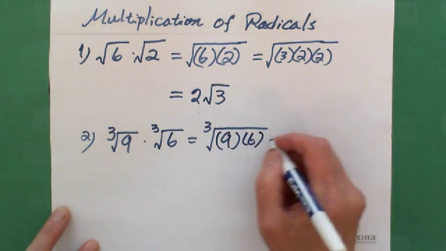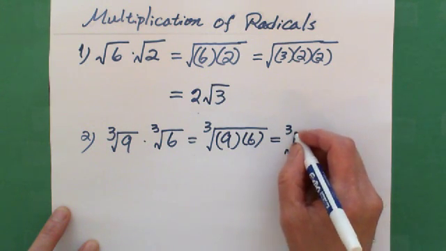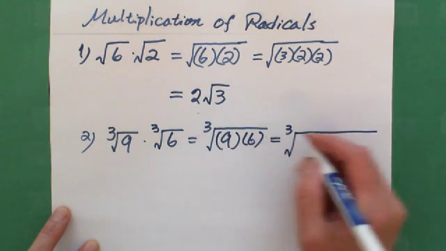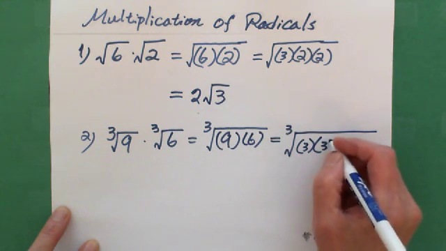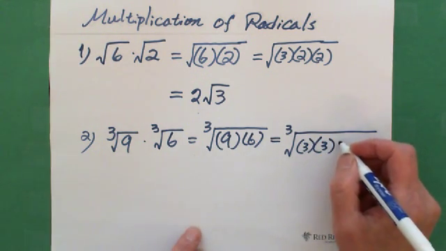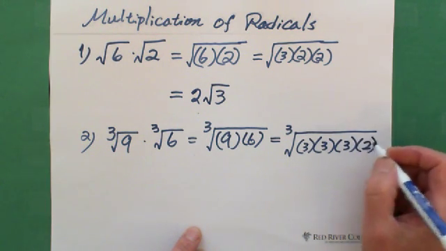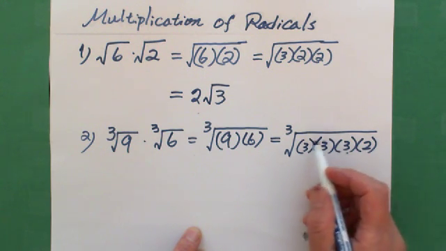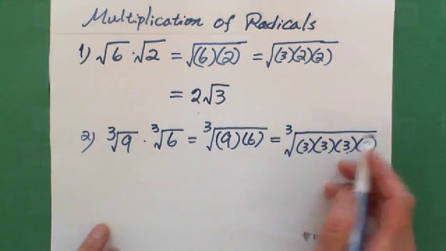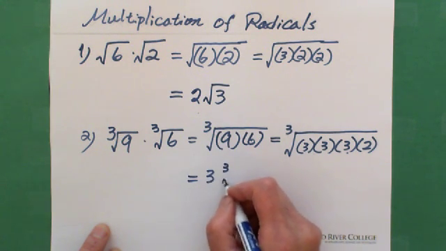Then we factor out 9 and 6. 9 equals 3 times 3, 6 equals 3 times 2. Then we see we got the triple 3, which can get out of the cube root. So the answer will be 3 cube root 2.